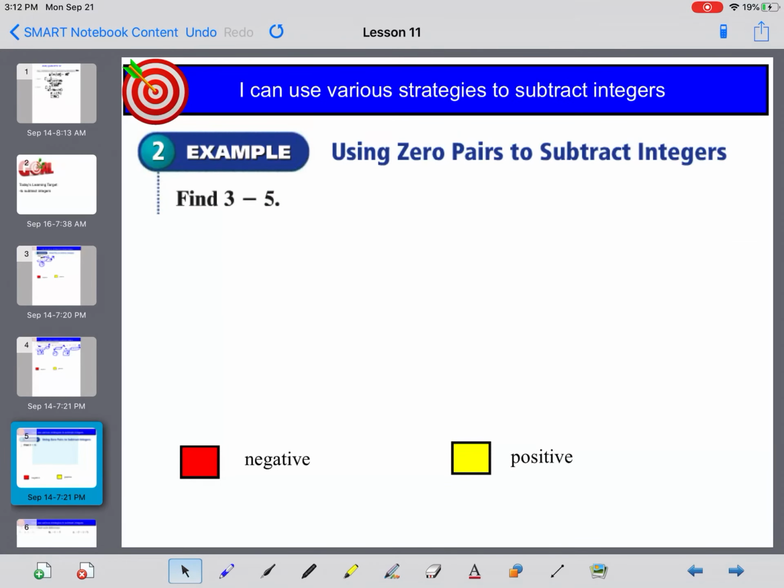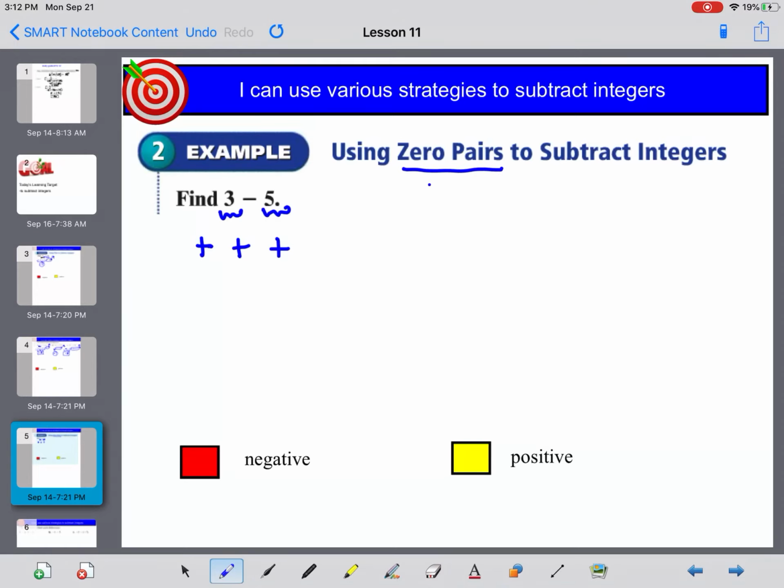3 minus 5. So I'm going to first model 3. So on your paper, show me 3. 1, 2, 3. Now I need to take away 5 positives. But as you can see, I don't have 5 positives. I have 3 positives. So we're going to get creative here and remember what we learned about a zero pair.